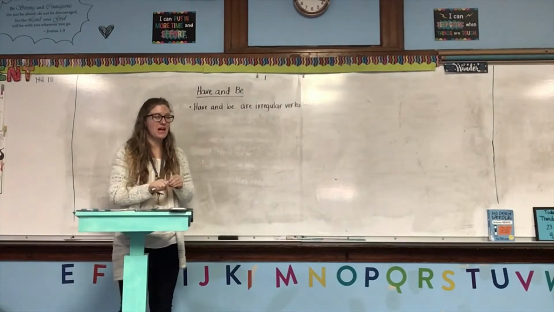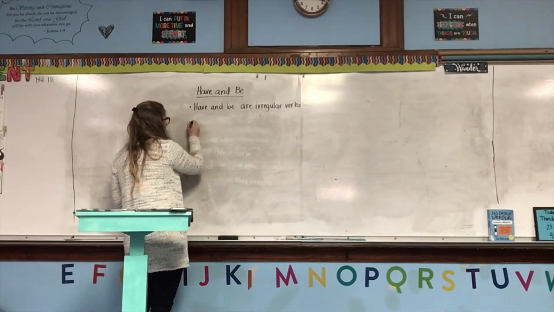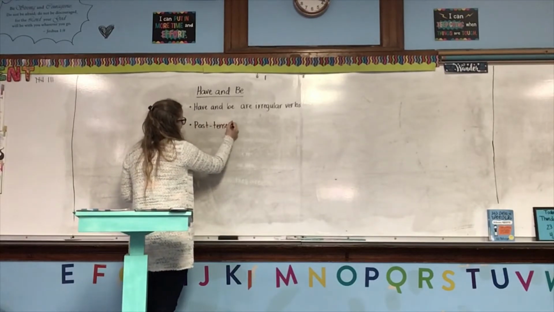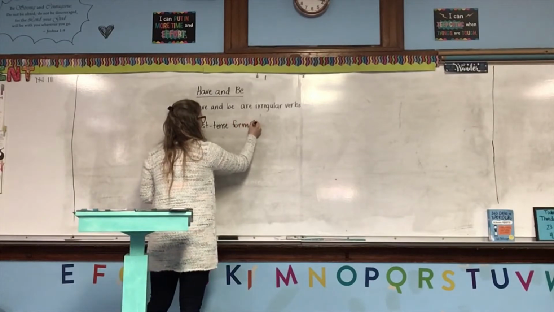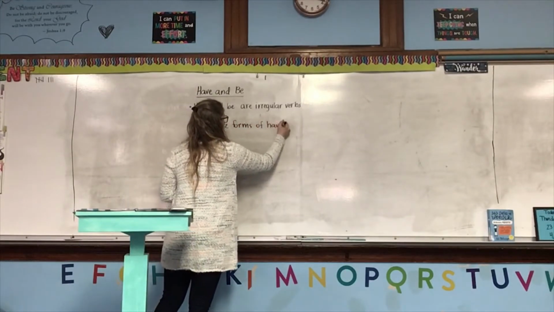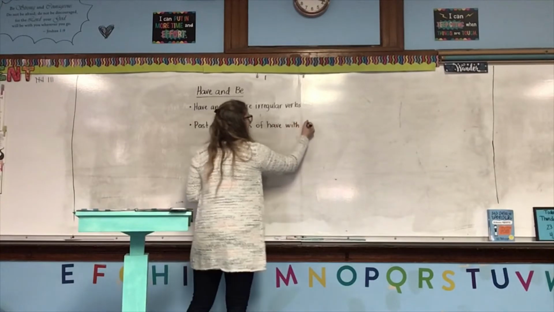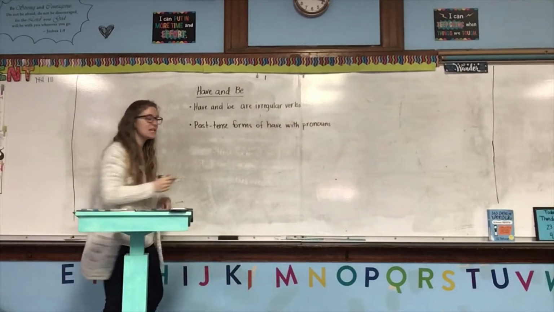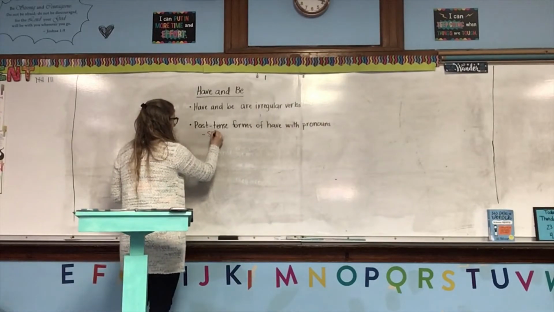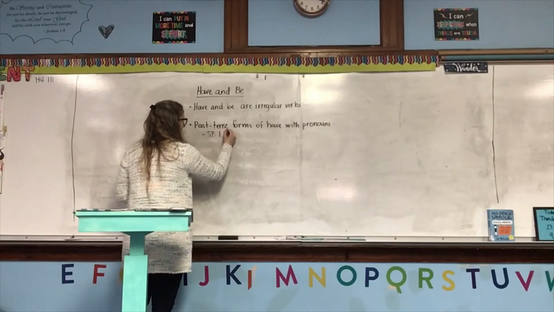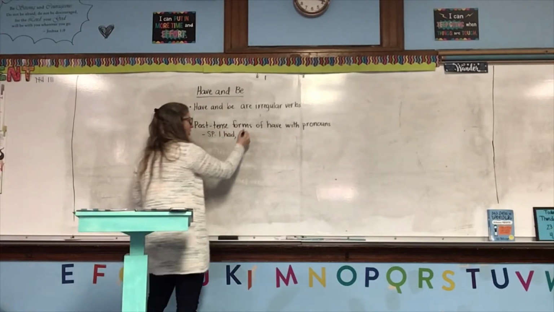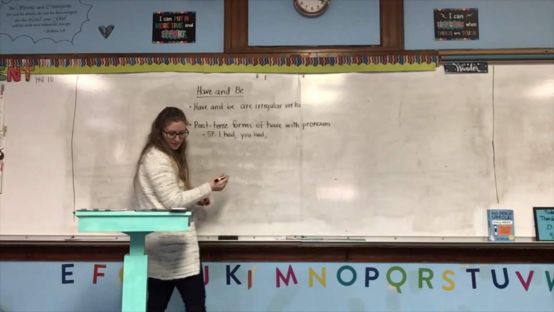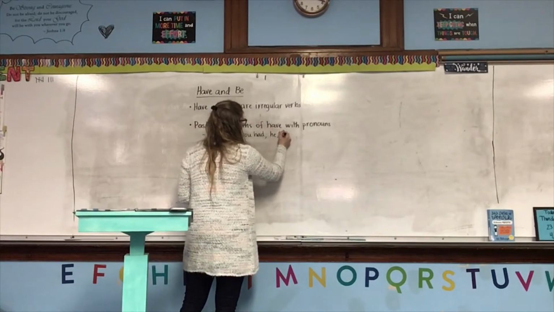Now we're going to talk about the past tense forms of each of these irregular verbs. So, first, the past tense forms of have with pronouns. Well, for the singular pronouns, we have I had, you had, he, she, or it had.